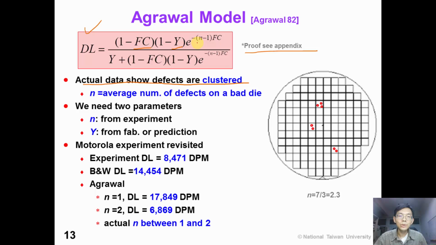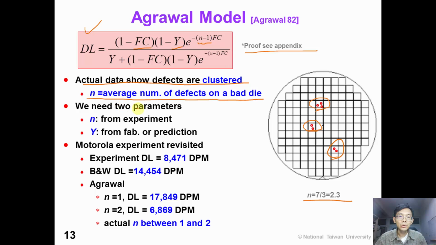In the Agrawal model, we have a new parameter N, which represents the average number of defects on a bad die. As is shown in this figure, there are 3 bad dies and 7 defects. So N is equal to 7/3, which approximately equals 2.3.